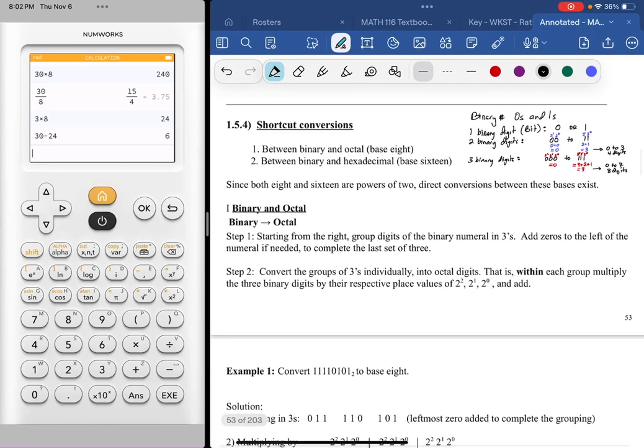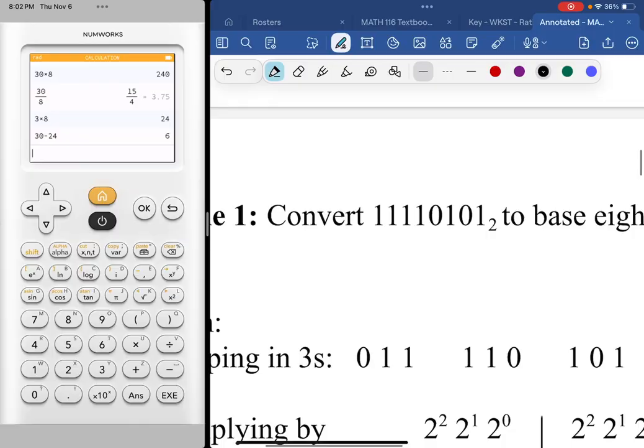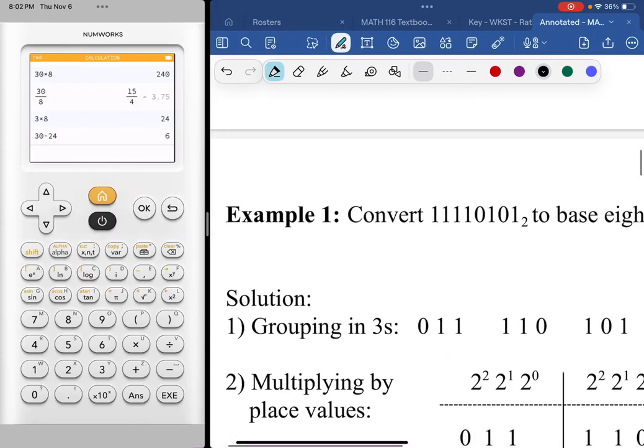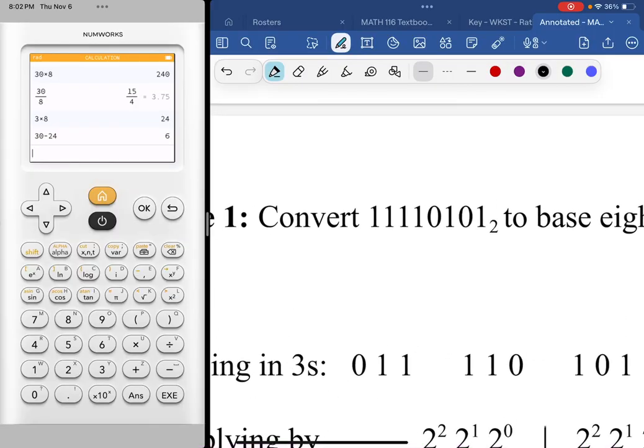All right. So the way we handle it, looking at example 1, is taking our binary number, which has, I think in this case, 8 digits to it, and we split it up into groups of 3. We're going to convert each string of 3 binary digits into a single octal digit, by multiplying by 4, 2, and 1.